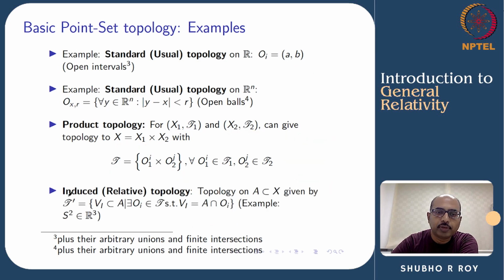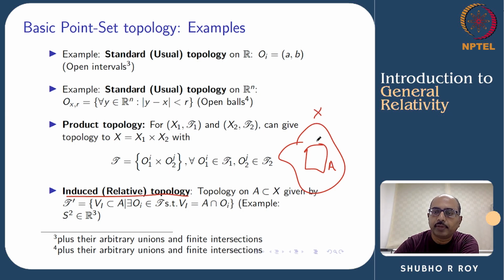And the last notion is that of an induced or relative topology. This has to do with subspaces. So for example, if I have a topological space X, and some subset, a subspace A, then given a topology on X, we can generate a topology on A. How is that possible? Well, X is a topological space. That means it comes with some specification of open sets, and so on and so forth.